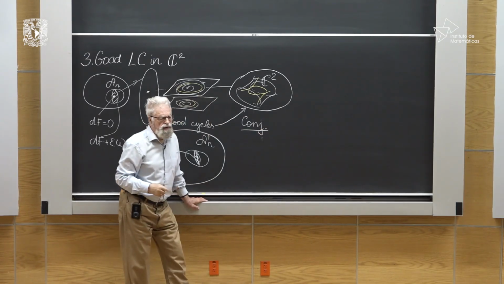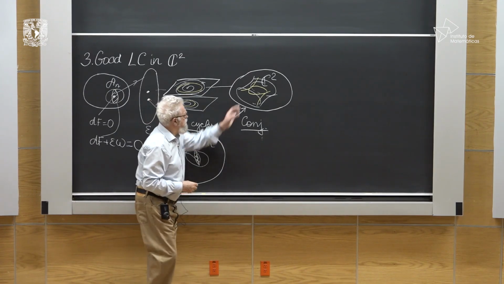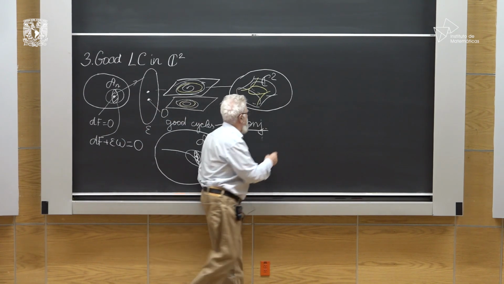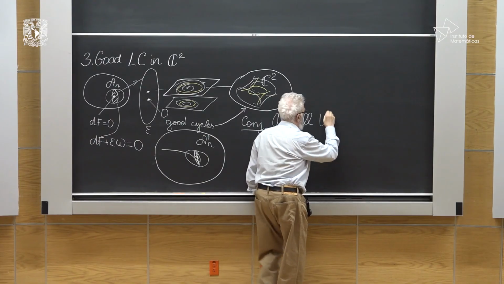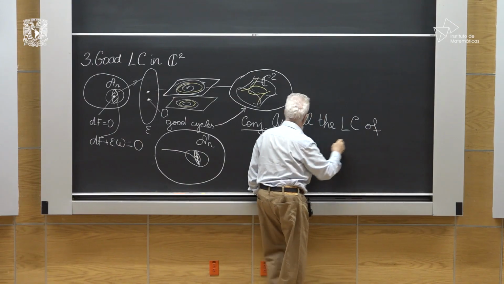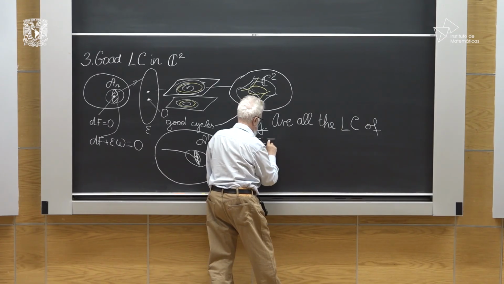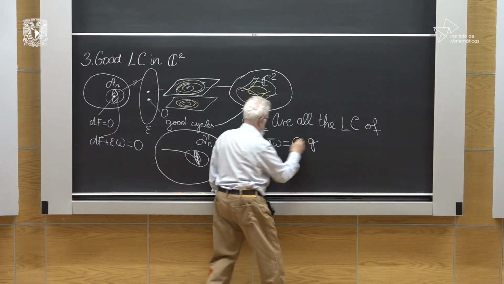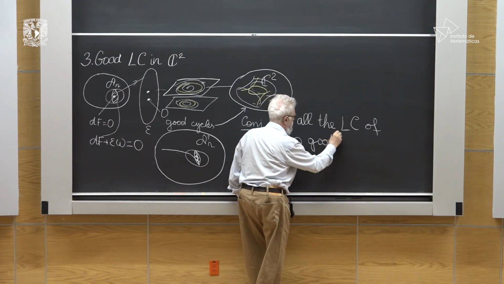Is it correct or not that all these limit cycles may be described by the previous procedure? That is, are all the limit cycles of equation df plus epsilon omega equals 0 good?